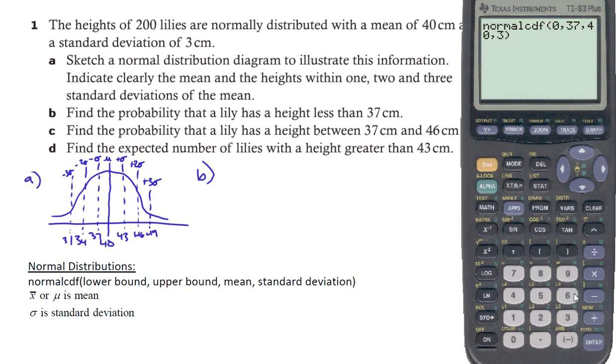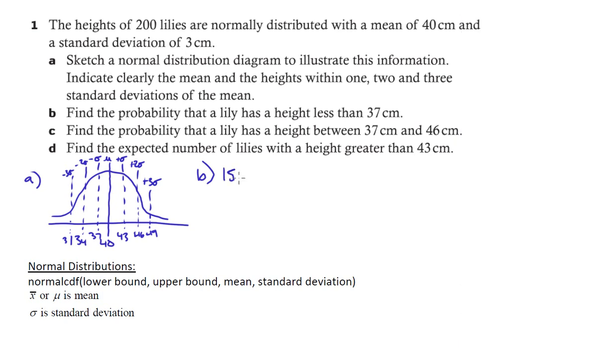And then we close our parentheses and push enter, and it will tell us right here, that's our percent as a decimal. So you can say 15.9% or 16%, or 0.159 is fine also, whichever one you want to do. So I'm going to go with 15.9% is the probability that a lily has height less than 37.